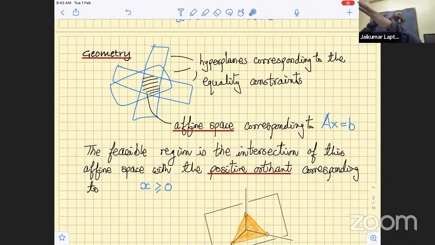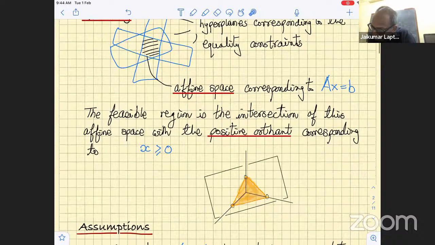Then you have many affine planes in some high dimensional space. After they cut each other, we are left with a region which is an affine space of some perhaps smaller dimension. That is what these equations leave us with, and we are trying to optimize within this. Then we have the non-negativity constraint, so we work with the non-negative orthant.